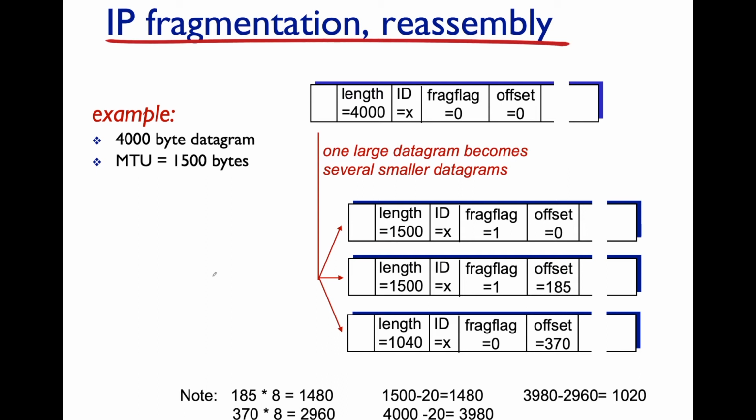And so lastly, if we take the 1,480 and the 1,480, that is 2,800 plus 160, that's 2960. And that 2960 is going to be the byte offset for the next fragment's worth of data.